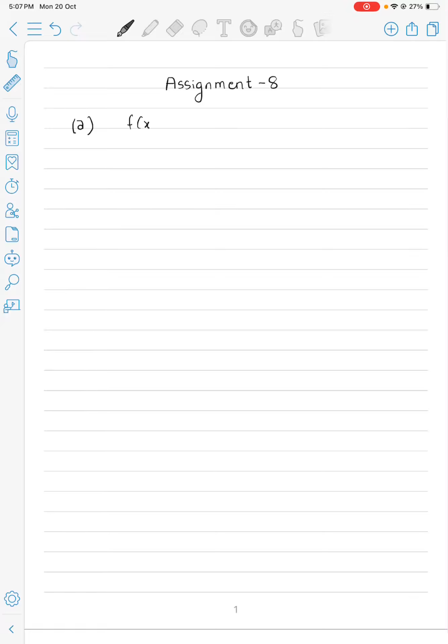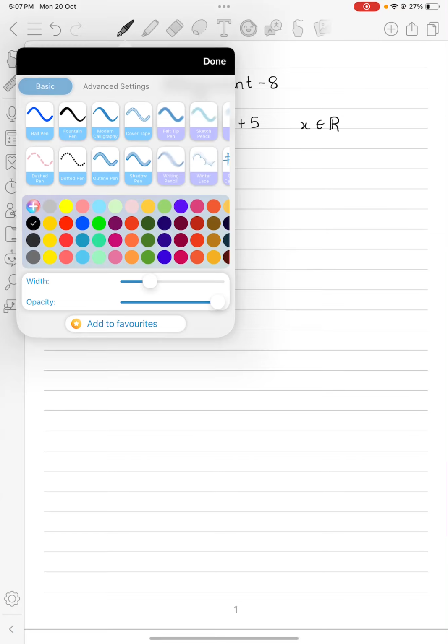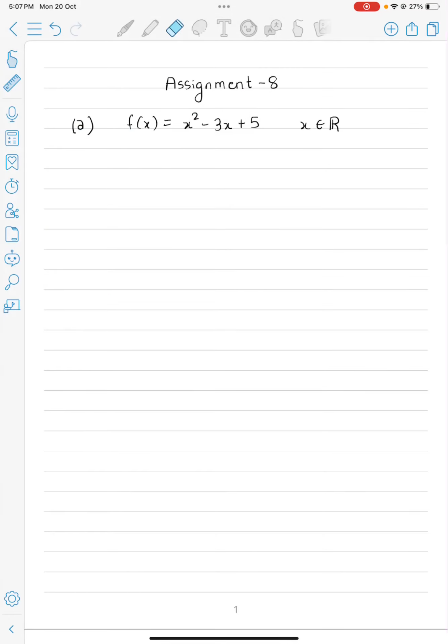See, f(x) is equal to x square minus 3x plus 5. Then f'(x), this is differentiable on all of R. So f'(x) will be 2x minus 3. Okay.